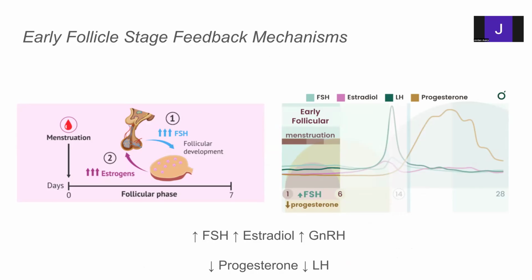FSH acts directly on granulosa cells to stimulate the recruitment of new follicles and to promote the synthesis of estradiol via aromatase. Locally produced estradiol supports the effects of FSH, creating a reinforcing cycle. More granulosa cells lead to more estradiol production, which in turn stimulates further follicular development.